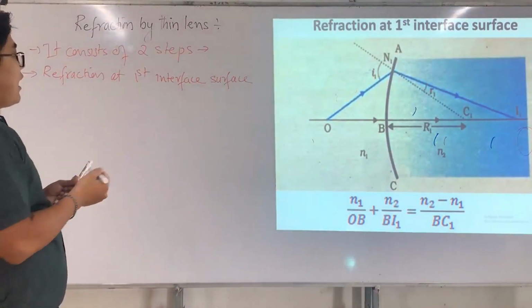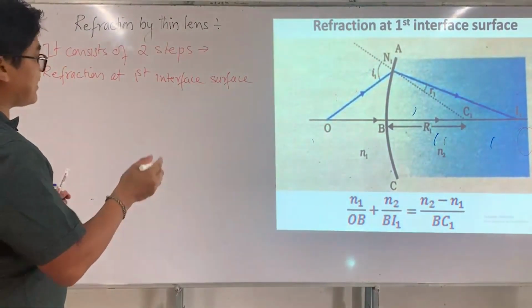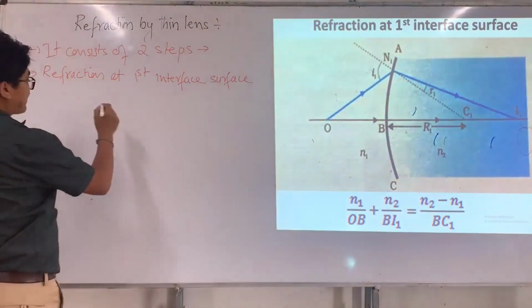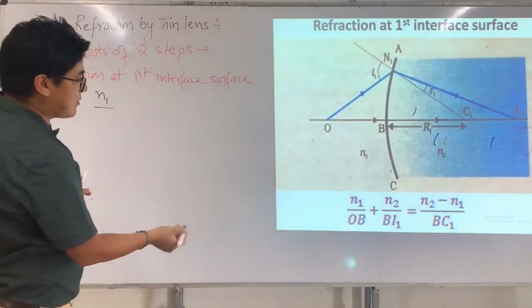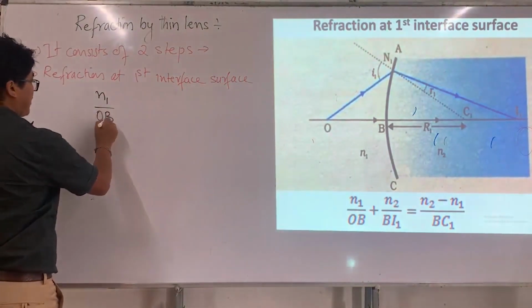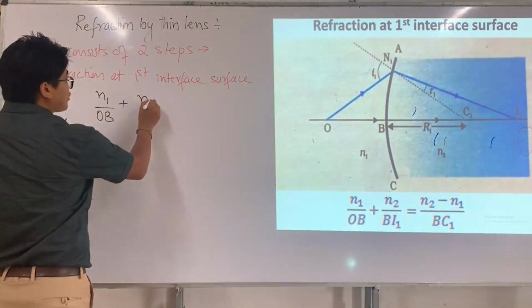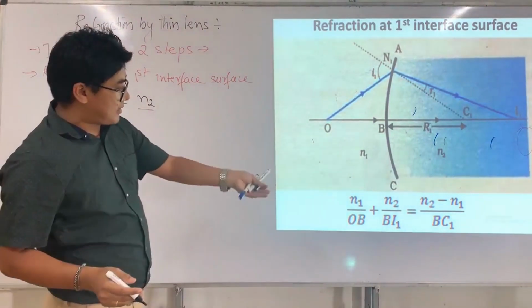And what is the refraction at the first interface surface? I will just take this. You don't need derivation, because we have already done it. In exam also you can start from this.